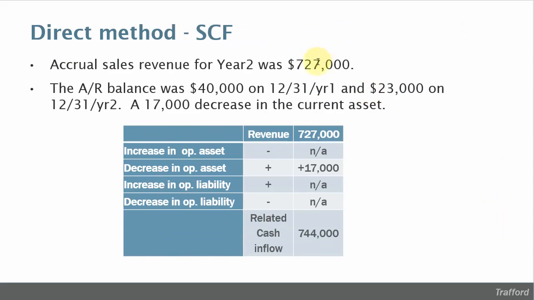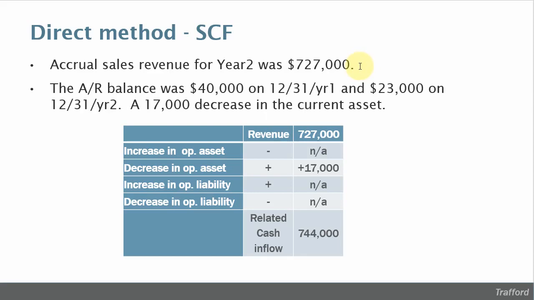All right, well, let's start out by converting our accrual sales revenue of $727,000 to cash collections on account. We start by comparing the end of the year balance in accounts receivable to the beginning of the year balance in accounts receivable, because accounts receivable would be one of the accounts that would hold that timing difference.